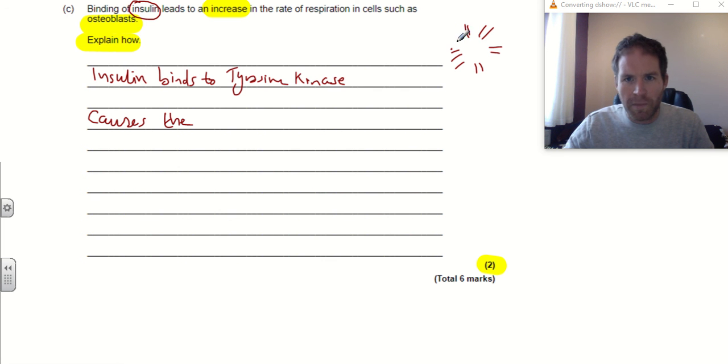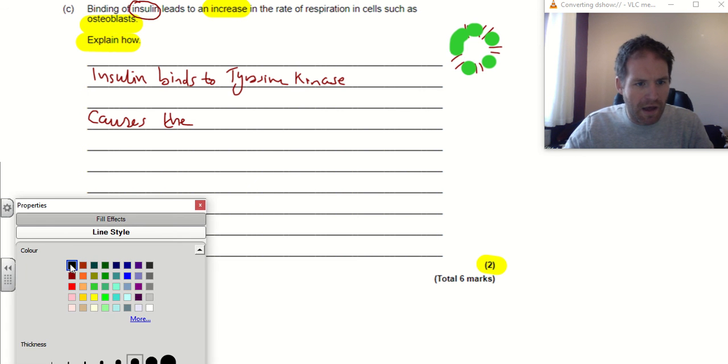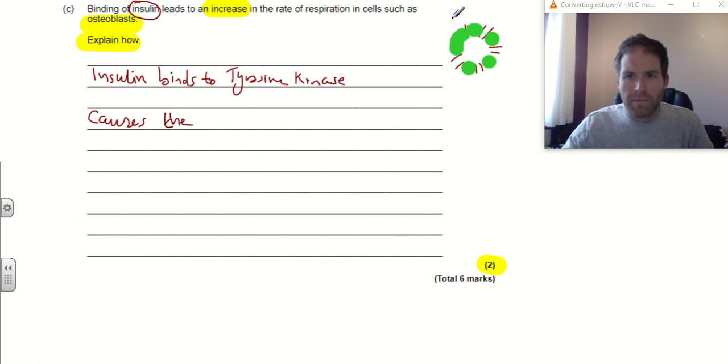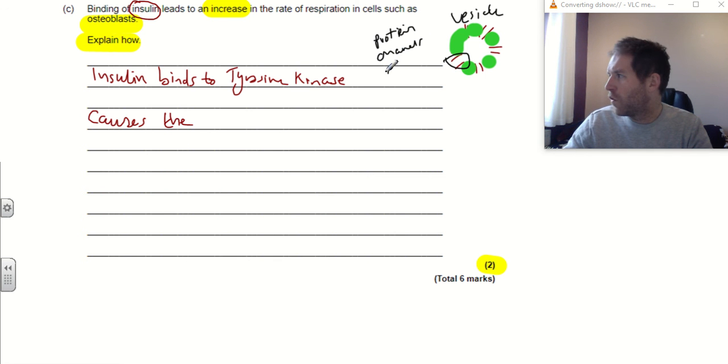This green is going to represent my bilayer. We've got a vesicle like this, and this vesicle has these protein channels for glucose.